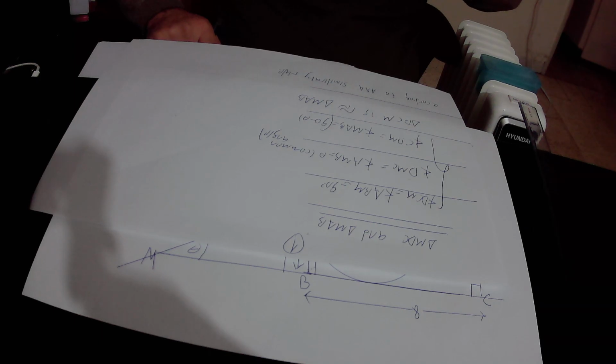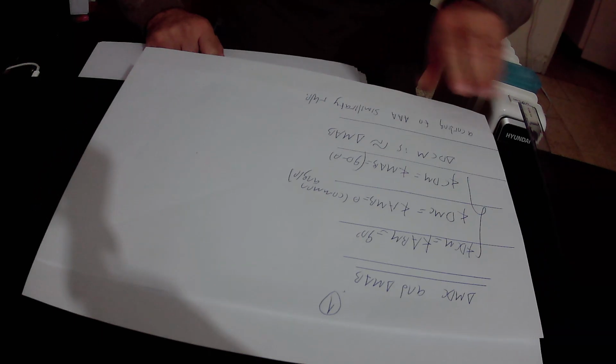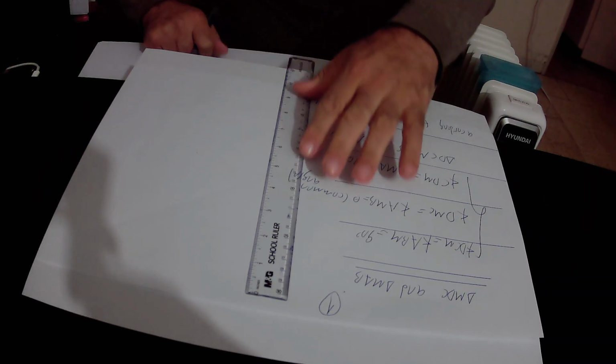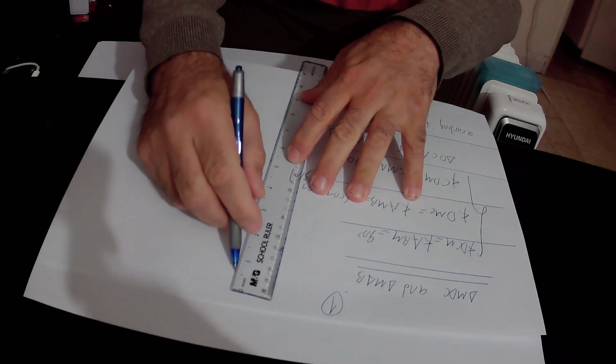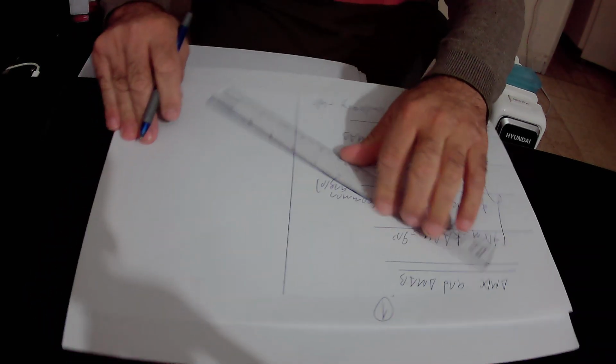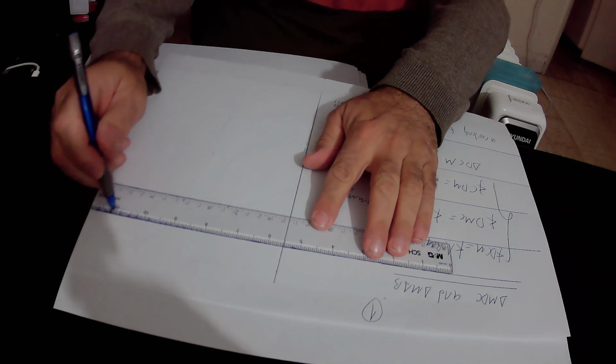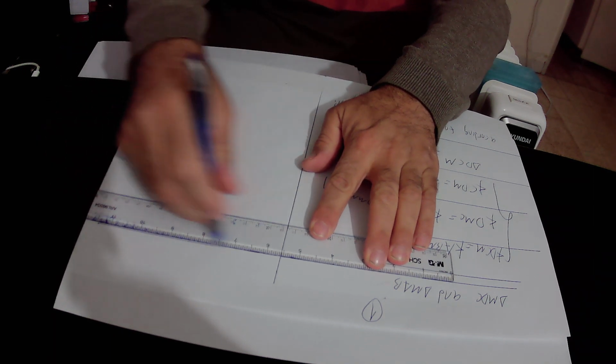And from the fact that the two triangles are similar to each other, we derive that the following relationship exists between their sides.